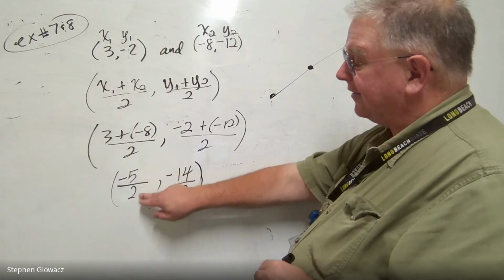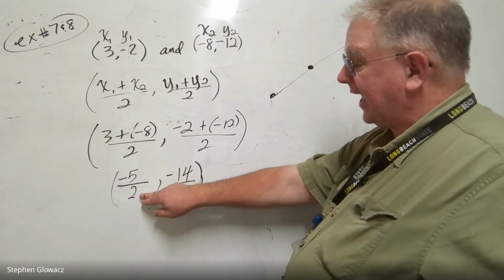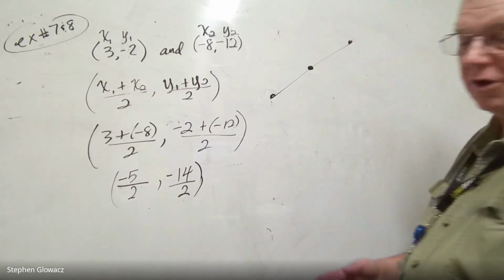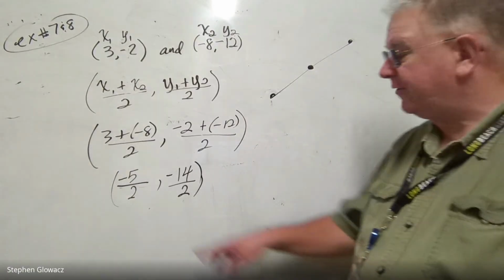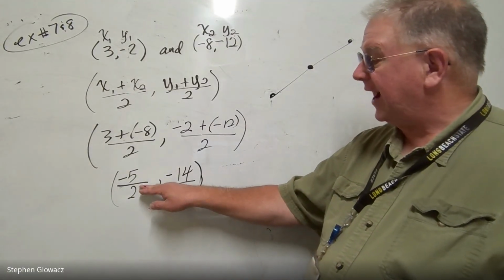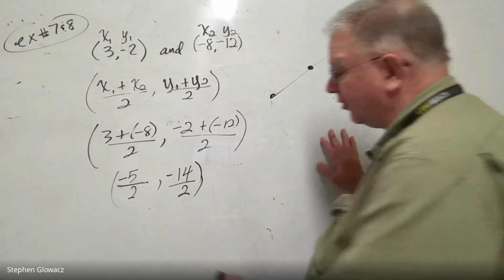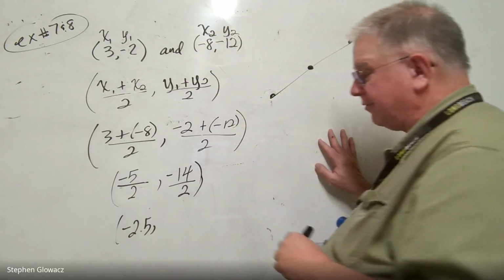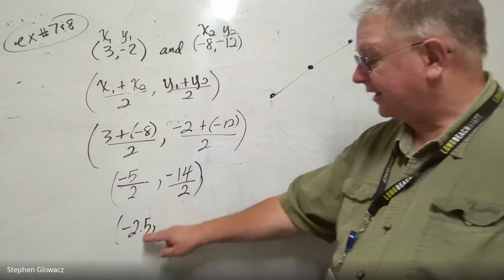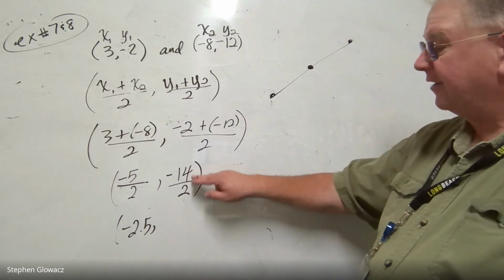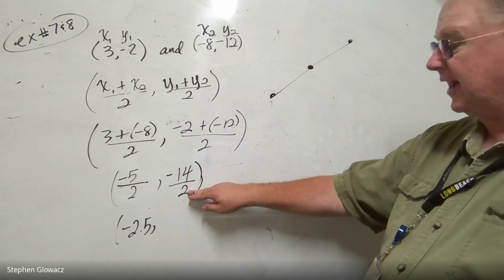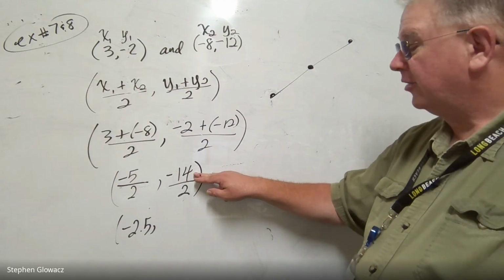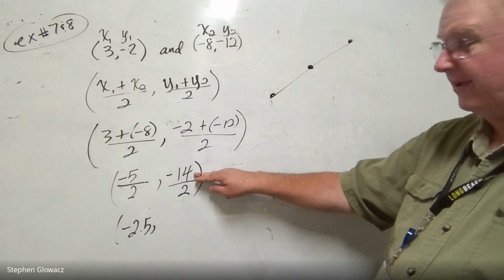Now, -5 over 2, that is a simplified fraction. So we could leave it like that. But we can also convert it to a decimal. And the way we do that, since a fraction bar means divide, -5 divided by 2, if we pull out the calculator and do that, or maybe we can even do that with mental math, that would give us -2.5. -14 over 2, 2 is definitely divides into 14 because 14 is an even number. 2 will divide evenly into any even number.